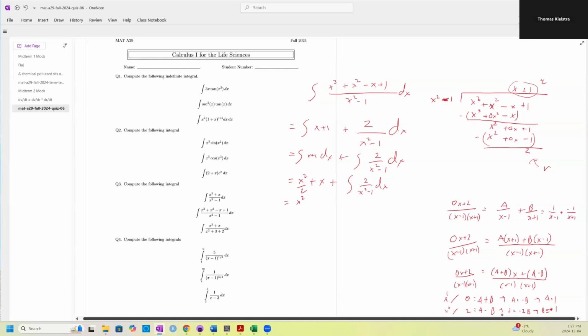So this equals x squared over 2 plus x plus the integral of 1 over x minus 1 minus 1 over x plus 1, which equals x squared over 2 plus x plus ln absolute x minus 1 minus ln absolute x plus 1, all plus c. And we have our solution.